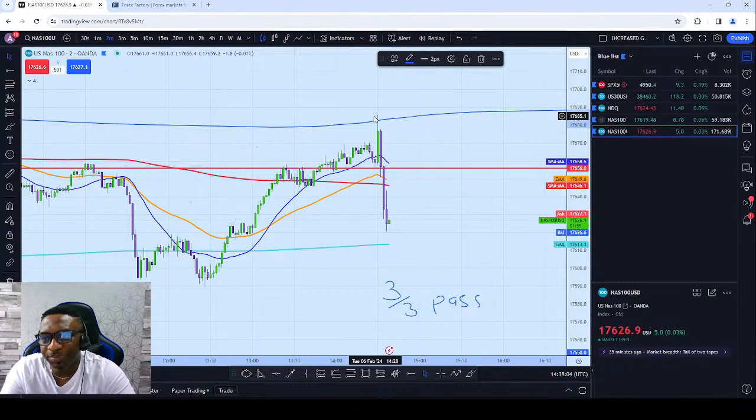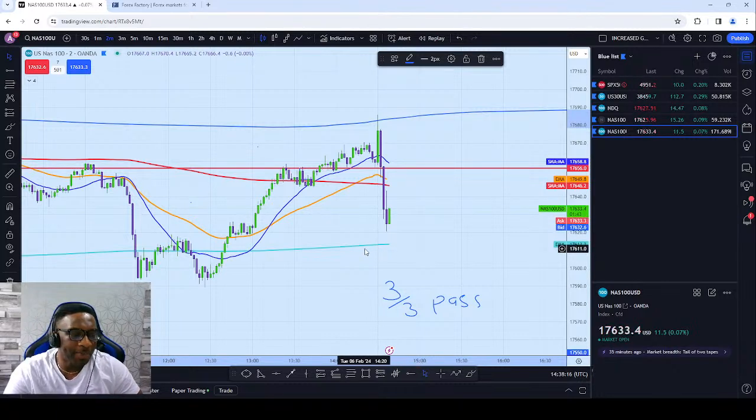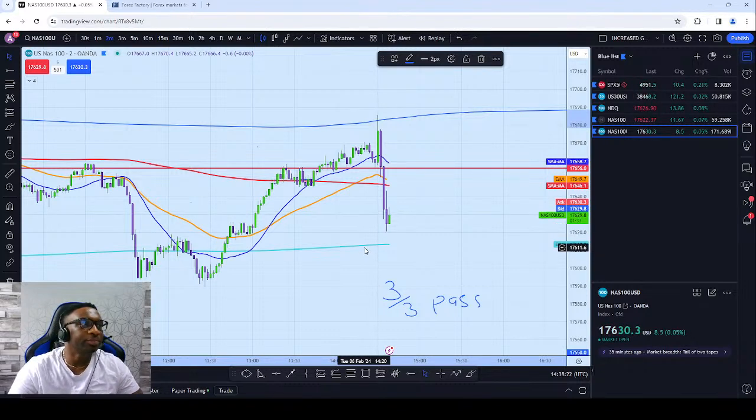So that's exactly what it did here. First of all pushed up, then turned around and pushed all the way down to this low. Looks like it's heading to the blue line.